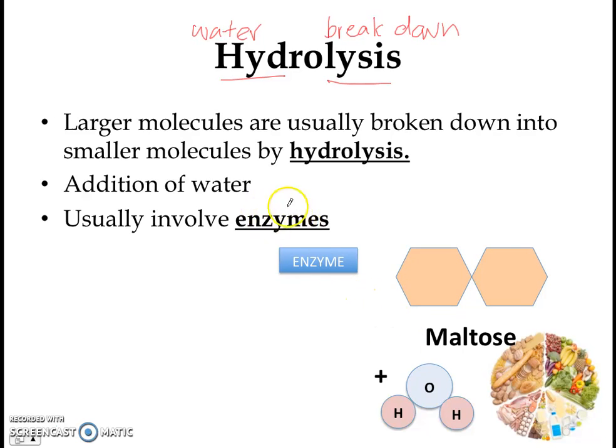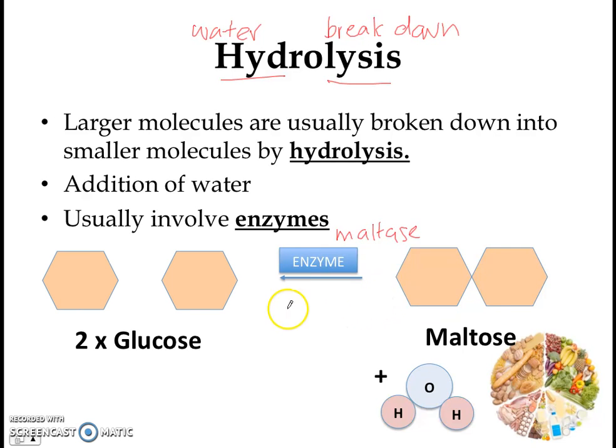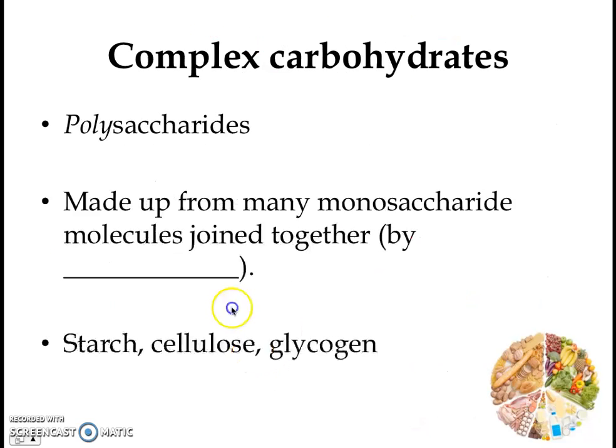Now, these hydrolysis reactions usually involve enzymes. So in the case of maltose, the enzyme is, hopefully you remember, maltase. So maltose, with the addition of water, with the help of an enzyme called maltase, can be broken down into two molecules of glucose. So this is hydrolysis. So to sum up, to join molecules together, we have condensation, and to break them down, we have hydrolysis.